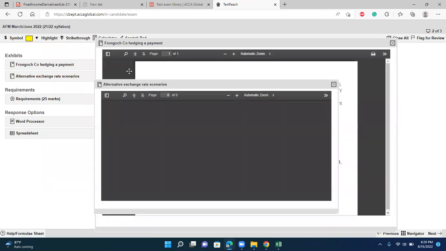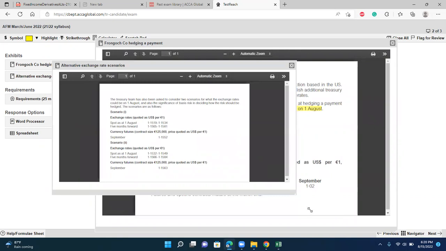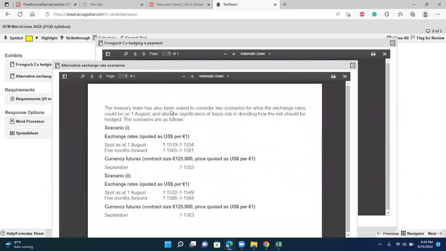B part, or second exhibit. The treasury team has also been asked to consider two scenarios for what the exchange rate could be on 1st August, and also the significance of the basis risk in deciding how the risk should be hedged. Scenario 1: spot rate on 1st August, closing spot rate is given. Okay.